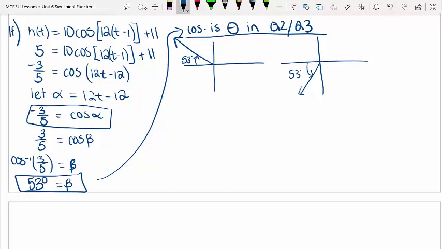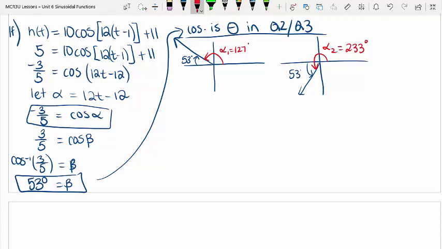Now we can use this to find our values of alpha. So alpha 1 is going to be 180 degrees minus 53 degrees, which is 127 degrees. Alpha 2 is going to be 180 plus 53 degrees, so it's going to be 233 degrees.